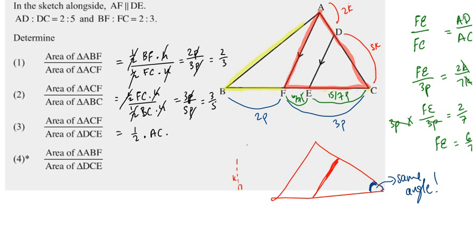You can say half AC multiplied by FC, and then times sine of angle C.